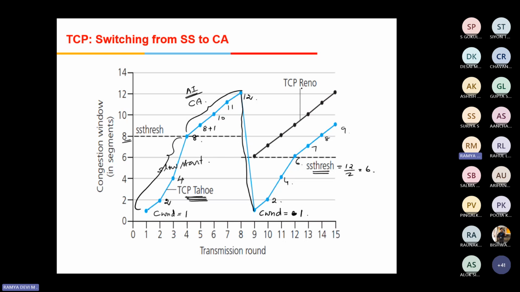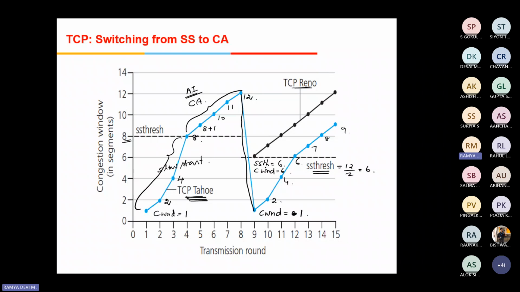TCP Reno works in a different way, where the slow start state and congestion avoidance state are the same, but once congestion is detected, or two or multiple packets are not being acknowledged, half of the window size will be taken and that will be set to the threshold and also to the congestion window size.